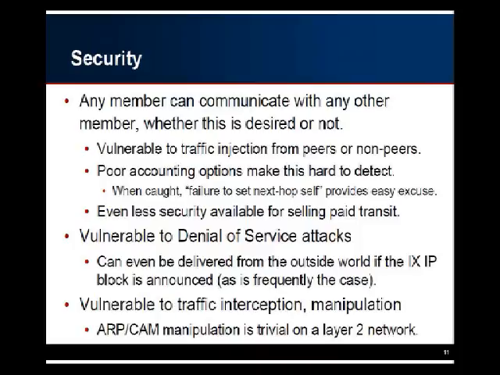When there's a /24 and some member happens to announce it either to their customers, which is common practice, or to the exchange or to the internet at large, which is less common practice, but it happens, you can end up receiving denial of service traffic to your exchange port from anywhere in the world. It can be delivered over multiple people connected to this exchange point, whether you peer with them or not. The poor accounting options make this pretty hard to detect.